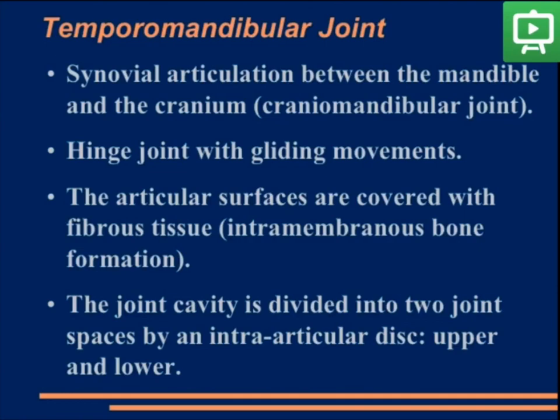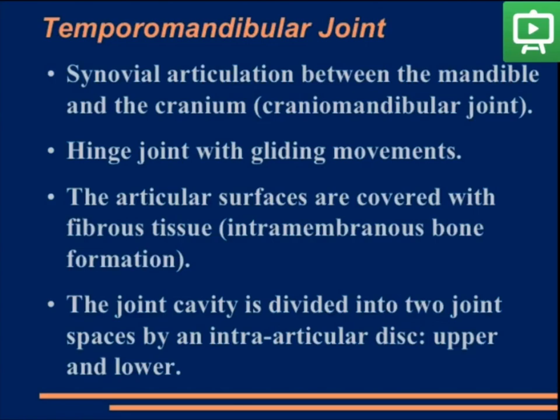What is also characteristic about this joint is that the articular surfaces are covered with a fibrous tissue, and it is also a center of cartilage and intramembranous bone formation.